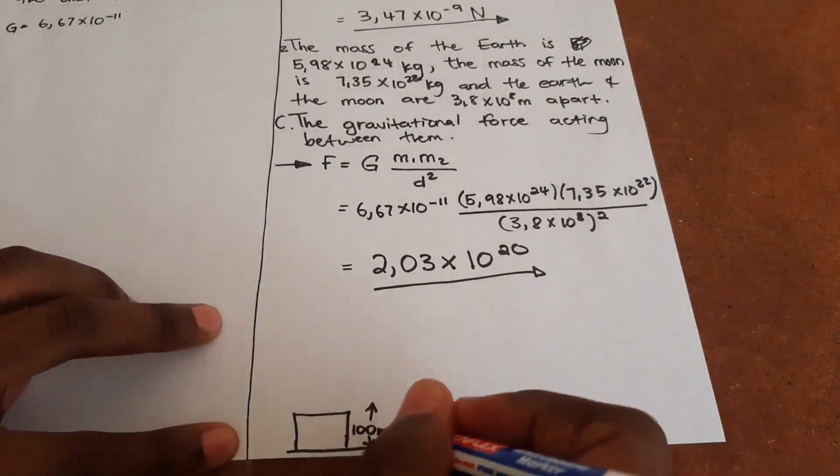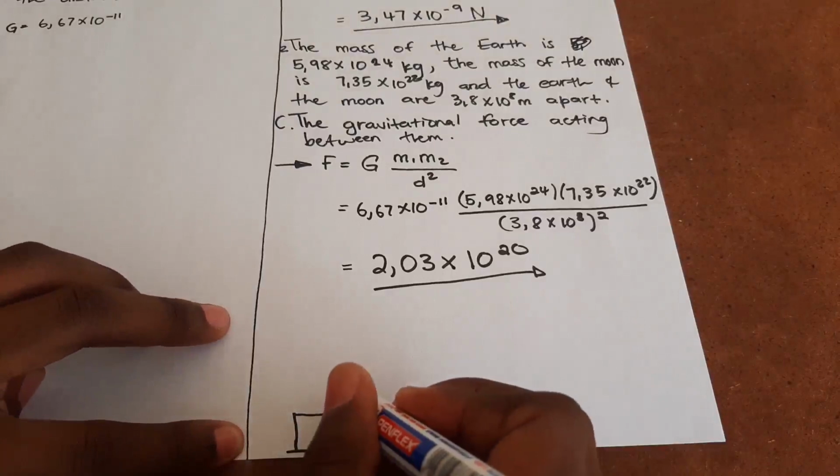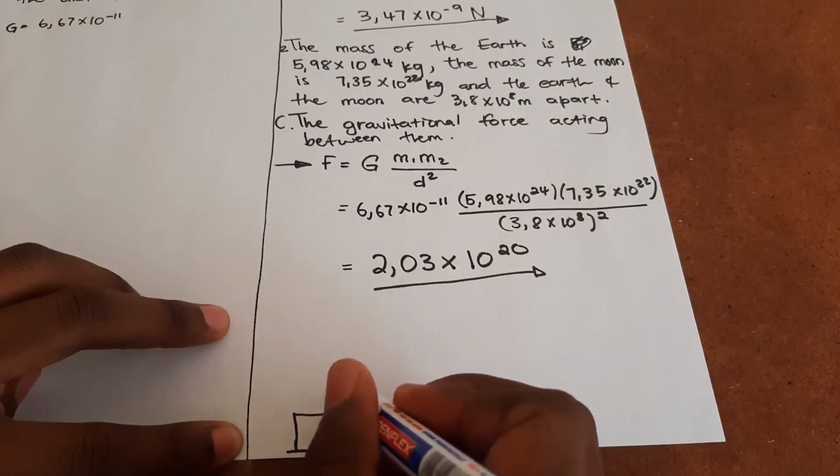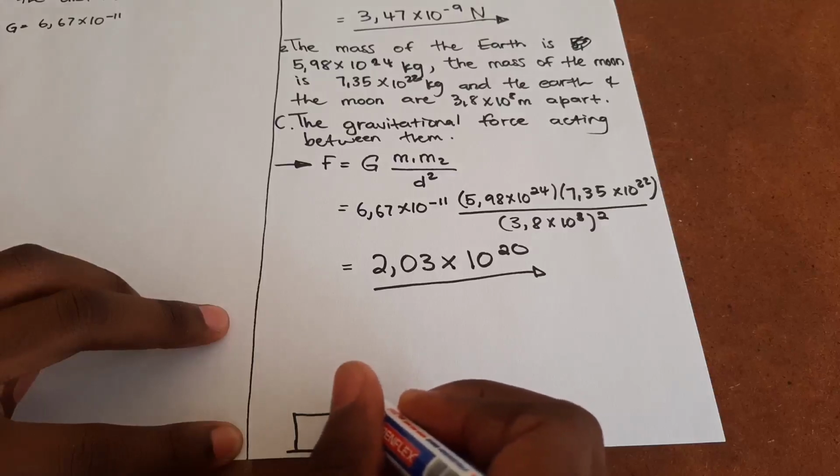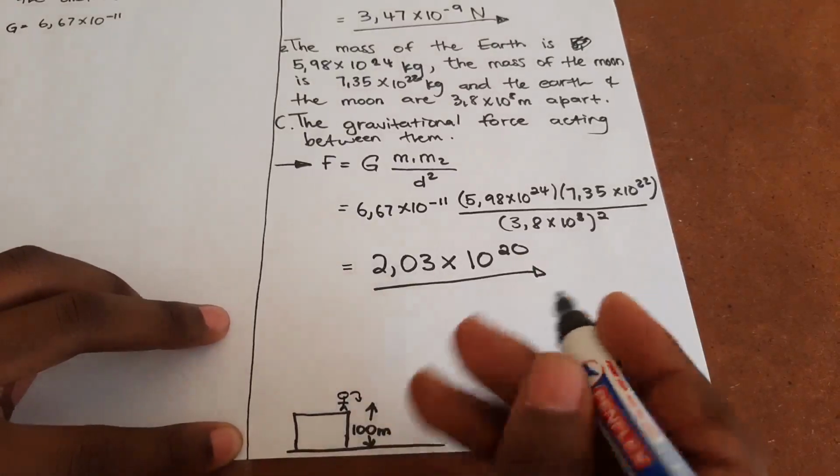If this building is 100 meters tall and there's someone standing here who wants to jump, let's make an example.